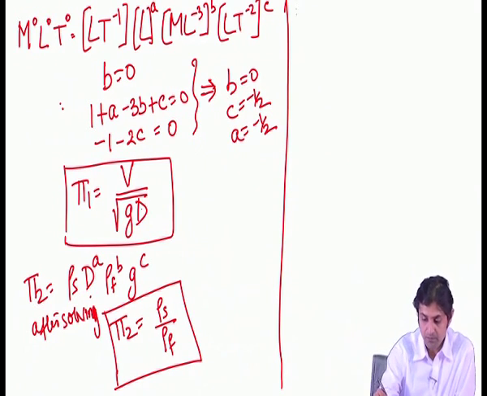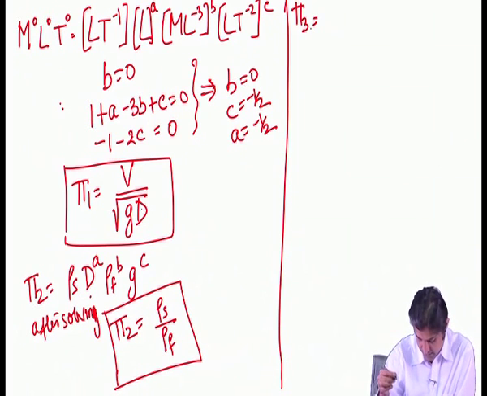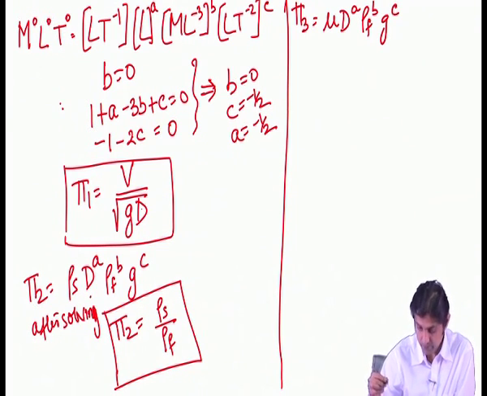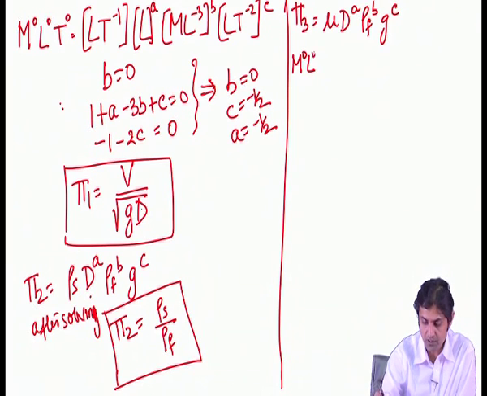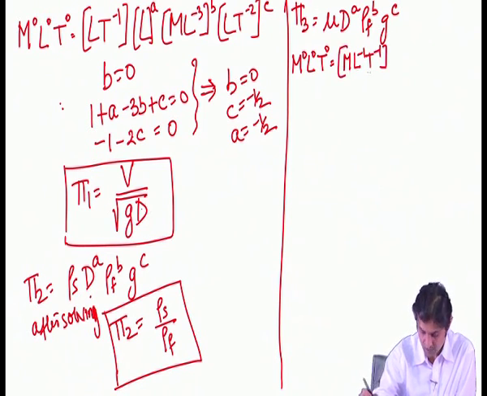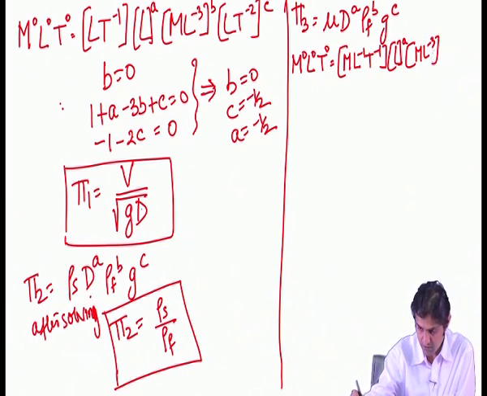Now, the third term, pi 3 will be the last non-repeating variable, which was mu, with d to the power a, rho f to the power b and g to the power c. All right. So, M to the power 0, L to the power 0, T to the power 0 is equal to M L minus 1 T minus 1, L to the power a, M L minus 3 to the power b, and g to the power c.